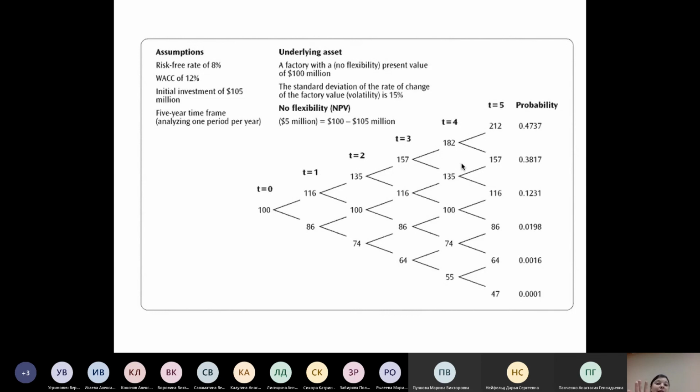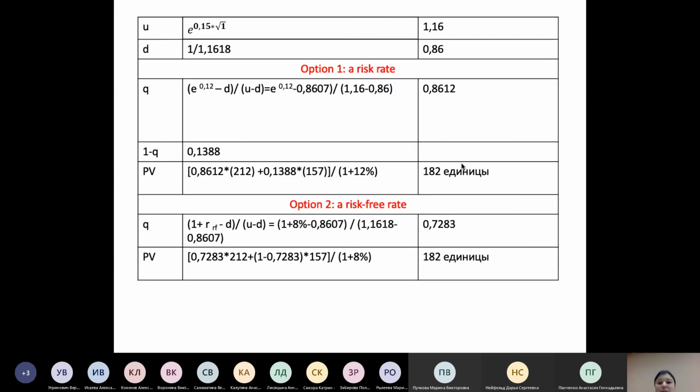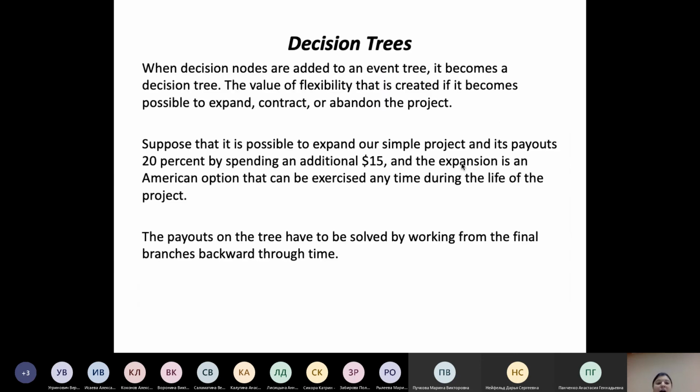Let's suppose certainly our external conditions will influence the company. But our company, for example, in the first task, can increase payouts by 20% by spending an additional $15. In other words, certainly it's an option to expand and develop the business.